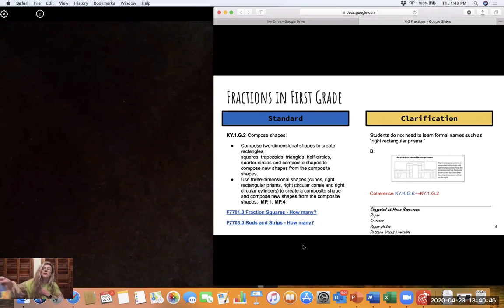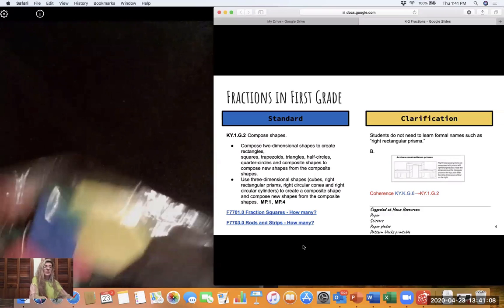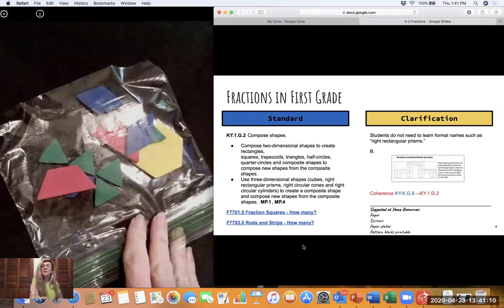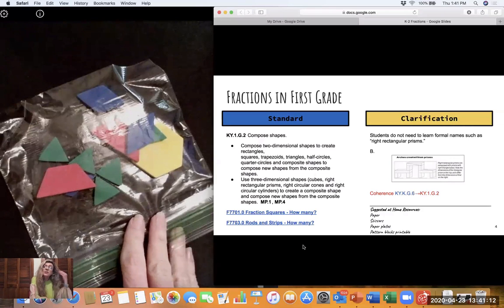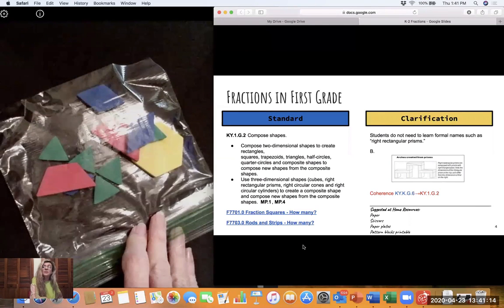So we're going to compose 2-dimensional shapes to create rectangles, squares, trapezoids, triangles, half circles, quarter circles, and composite shapes, to choose new shapes from the composite shapes. So basically what that's saying is that we're just building shapes. We're taking shapes, like I showed you earlier with the pattern blocks, and then we are just creating new shapes out of those bits and pieces of them.